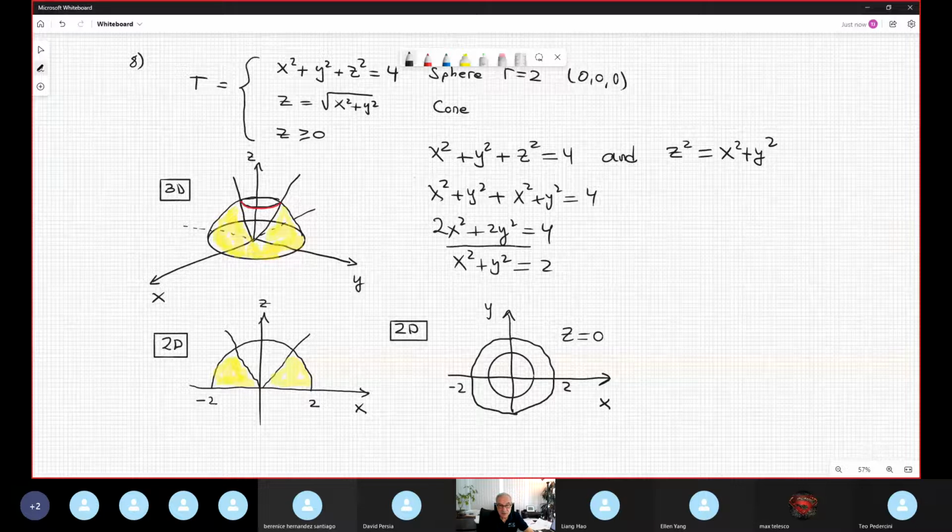Wow, and this is the equation of this circle. Okay, by the way, the radius is radical 2. And this distance is radical 2, and this distance is minus radical 2.